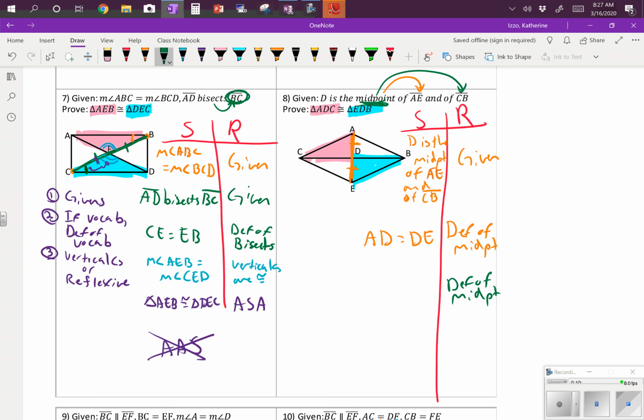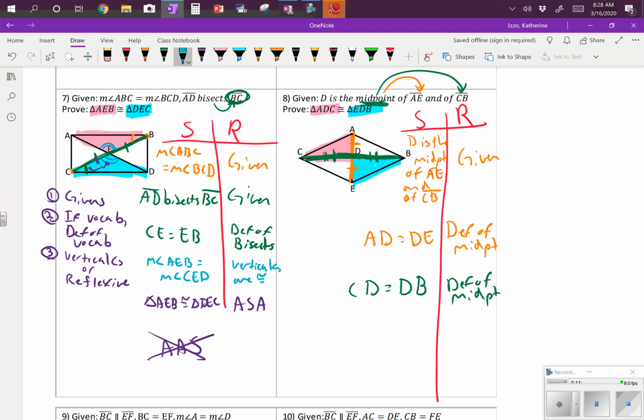So we're going to do CB is now also going to be cut into two equal pieces by D, because D is the middle point of it. So CB became CD and DB. Beautiful. Okay, so we're done with the given and the definitions of the given.